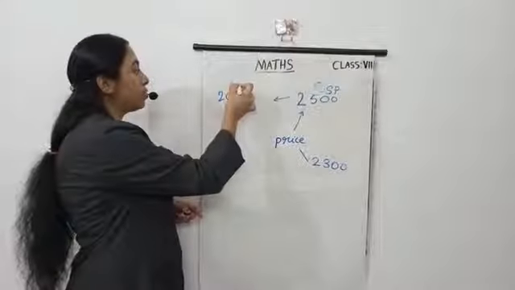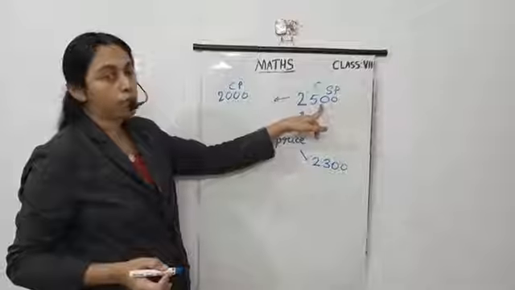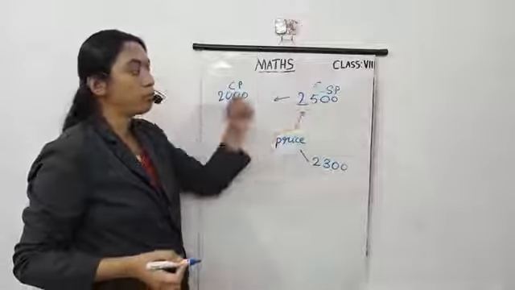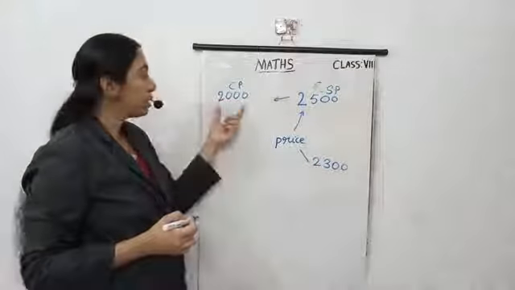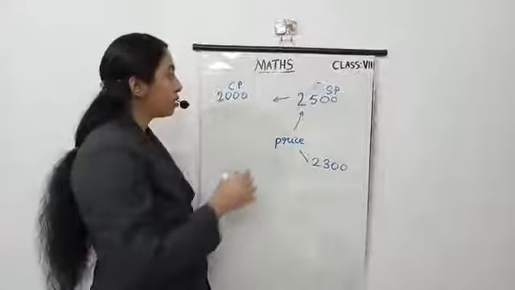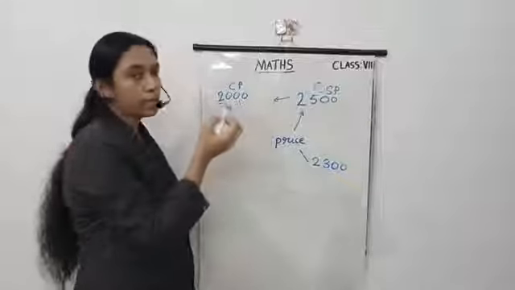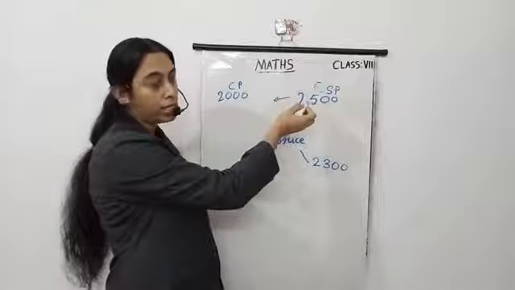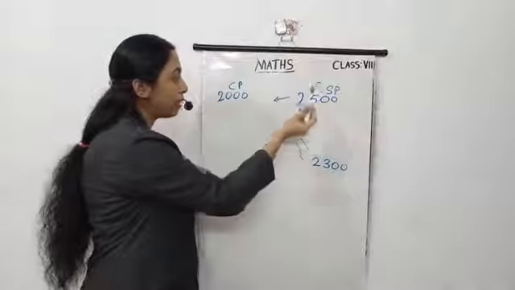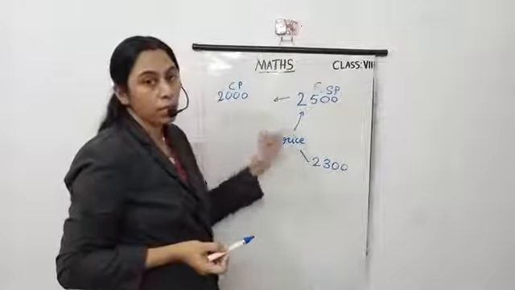This is cost price. That price increases to 2,500 and we need to pay 2,500. So this is a cost price, and this is a selling price. If selling price is greater than cost price, there is a profit. If cost price is greater than selling price, this is a loss.